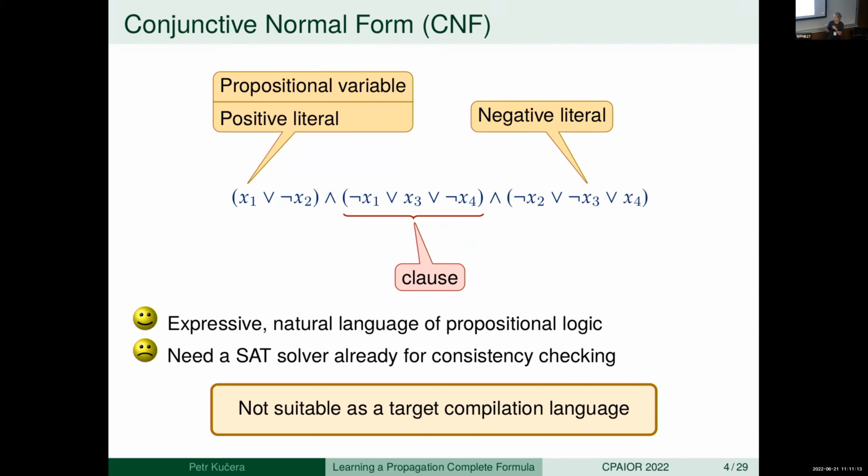We have to use a SAT solver, which can take a long time depending on how hard the input is. So we wouldn't say that this is a suitable target compilation language. And basically, we are interested in improving this language with some further properties so that we can reason more efficiently over the representation.